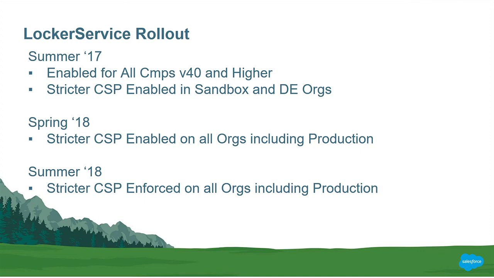The reason it's not introduced in production today is because there's a perf hit that my team is working on fixing. So when you have LockerService turned on, we obviously don't want performance regressions on your custom components. So we're working on that right now, and when we have that resolved, we will introduce stricter CSP in the Spring 18 release in production as well.